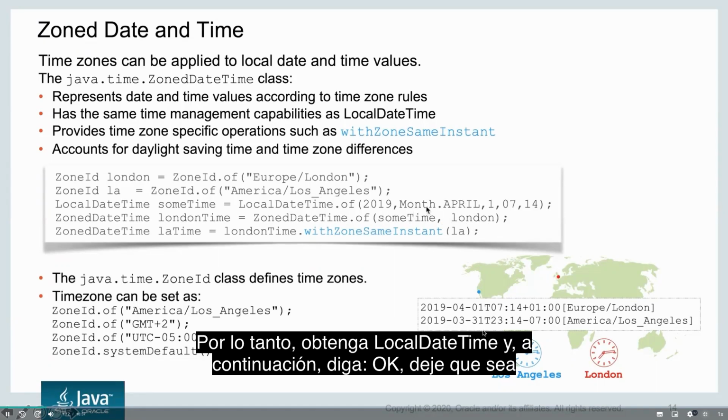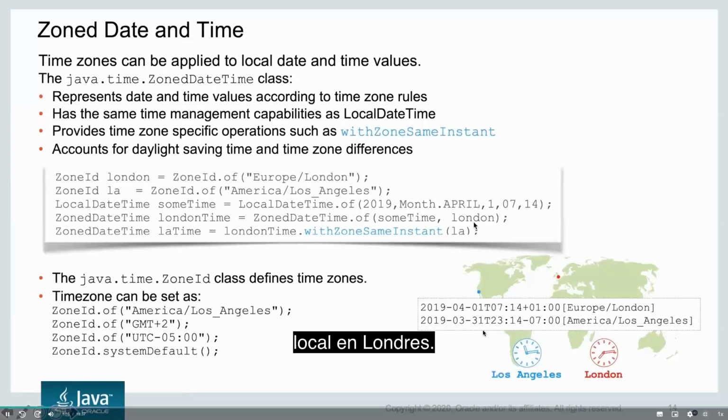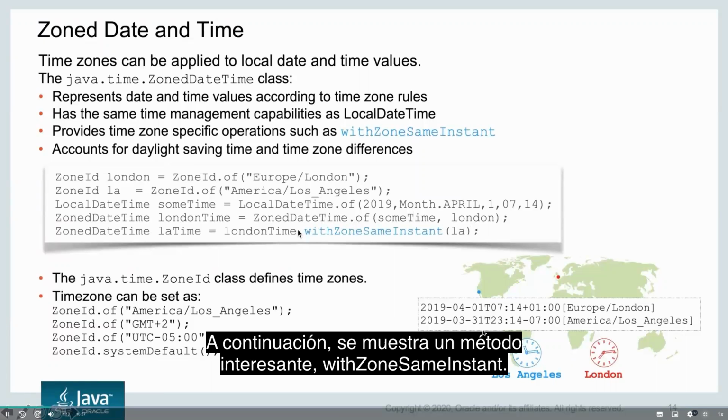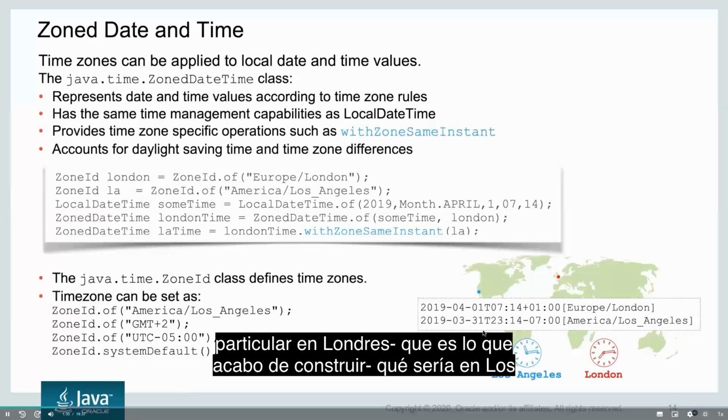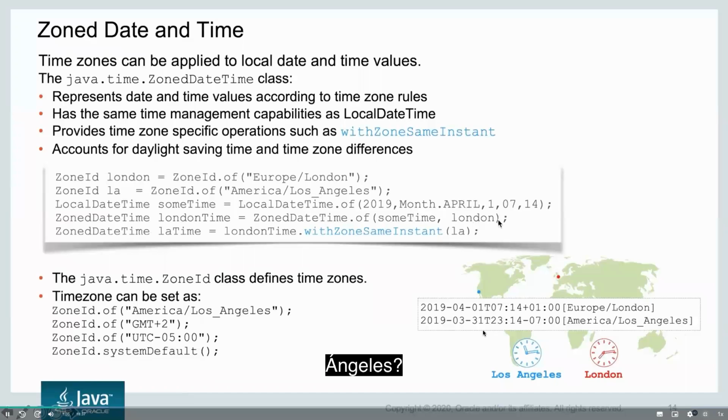So I've got LocalDateTime, I'm saying, okay, let it be local in London. And then here's an interesting method, withZoneSameInstant. This method answers the question, what time and date would that particular time in London, which is what I've just constructed, be in LA.